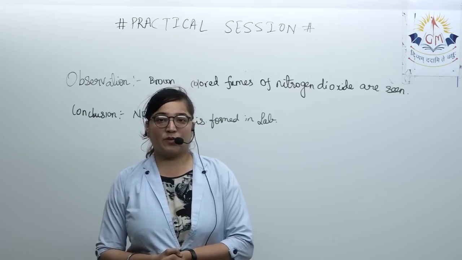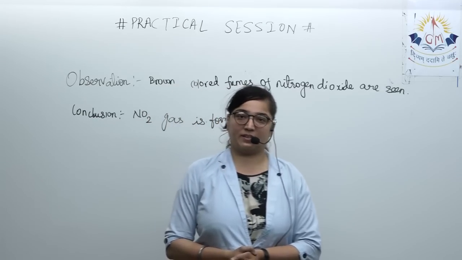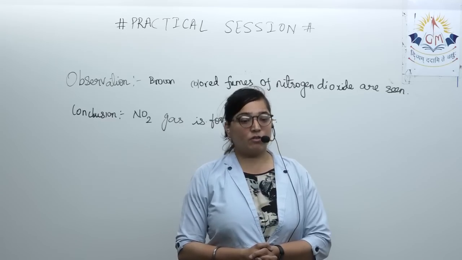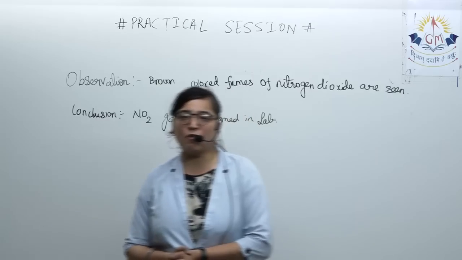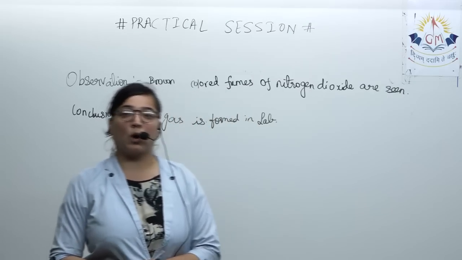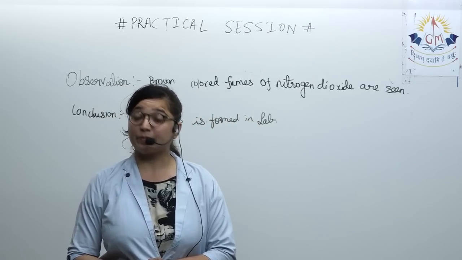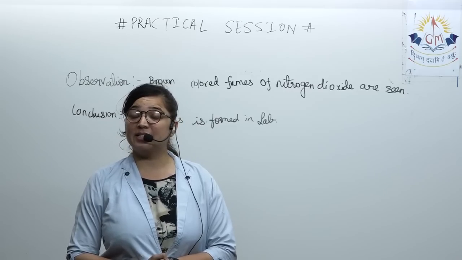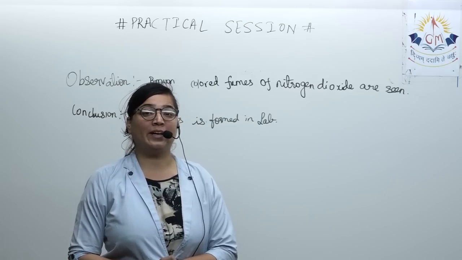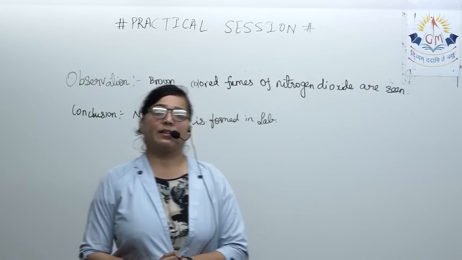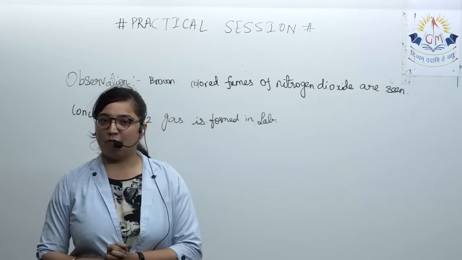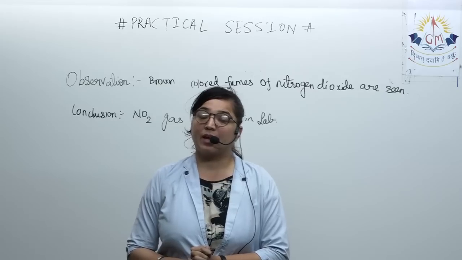In class 9, you will be studying about the oxygen cycle, nitrogen cycle, carbon dioxide cycle. Proportion of oxygen is remaining the same, 21%. So, this is how we can form oxygen in the lab.